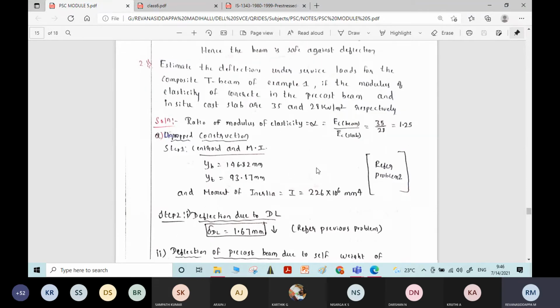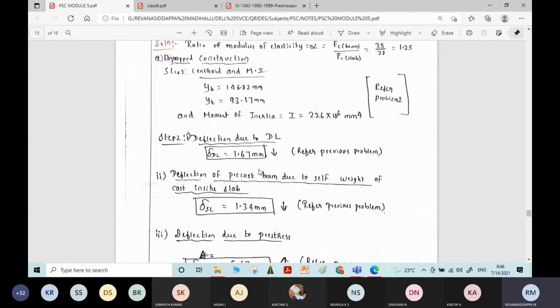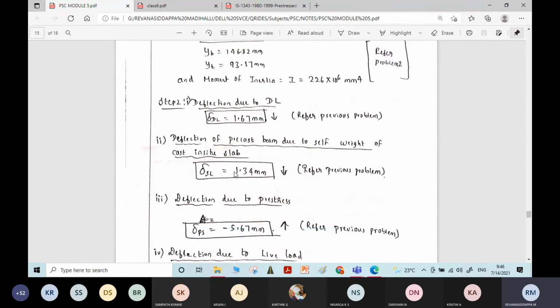Okay. If different modulus of elasticity for beam and slab is given, first you need to calculate the ratio of Young's modulus of beam to that of slab. If you calculate the ratio, you will get 1.25. While calculating deflection due to dead load and deflection due to slab load, the procedure is similar to what we followed for the previous problem.